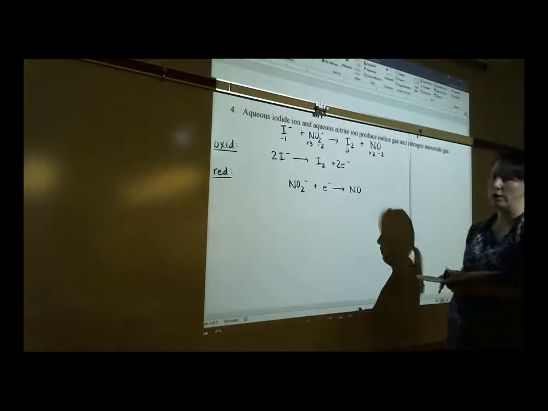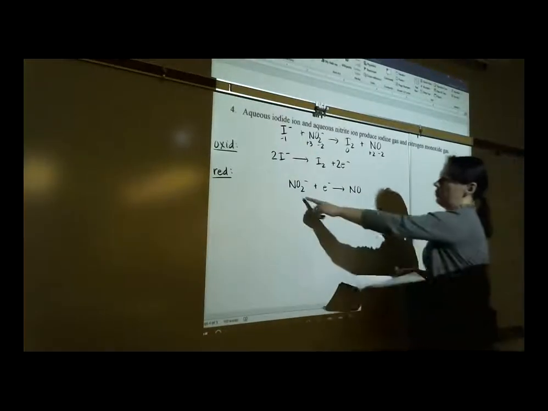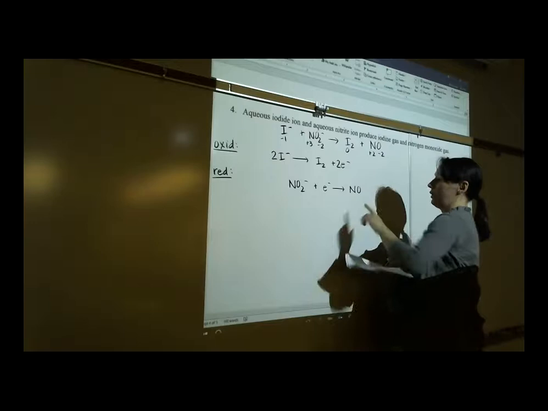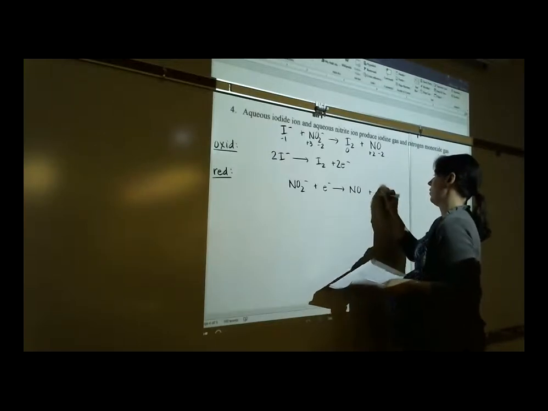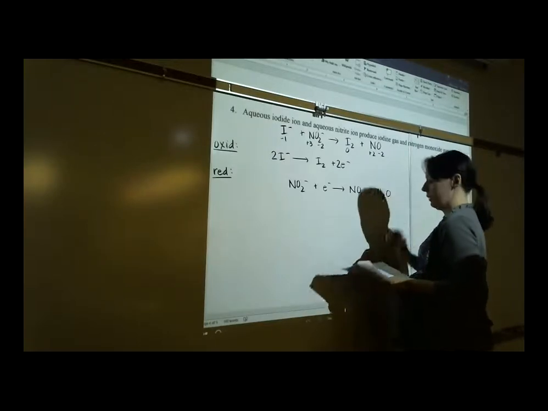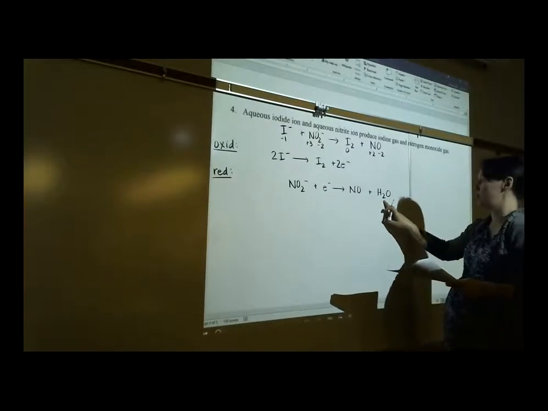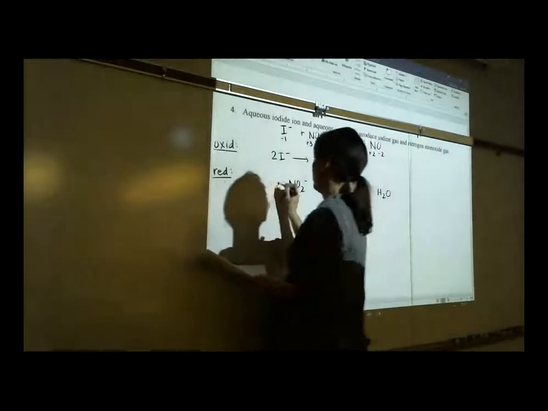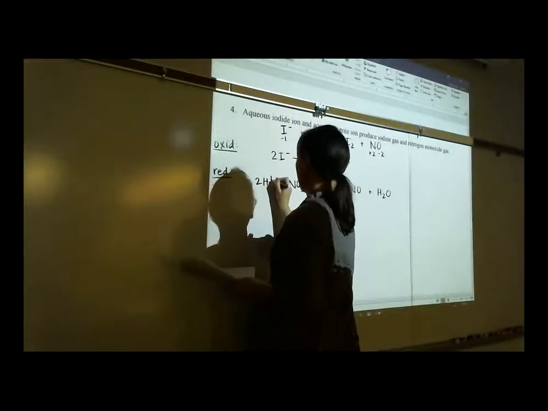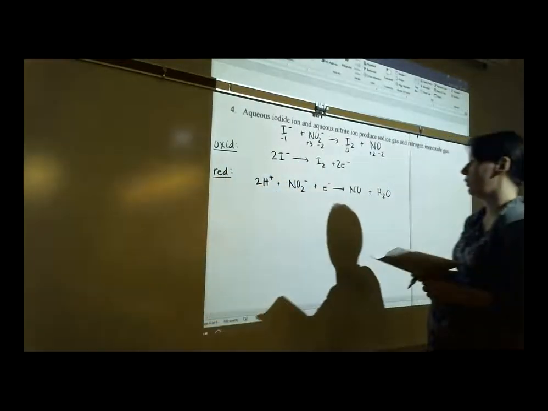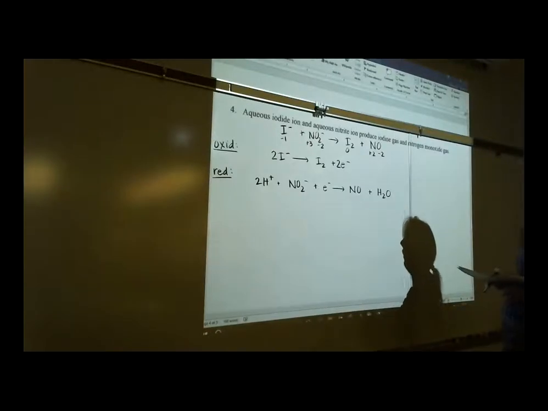But now we have to balance our oxygens and hydrogens. There are 2 oxygens on this side, there's only 1 over here, so that means I need to balance it with water, right? But now I need to balance the hydrogens, 2 H's, so I need 2 H plus over here. And now I've got a balanced reduction half reaction.